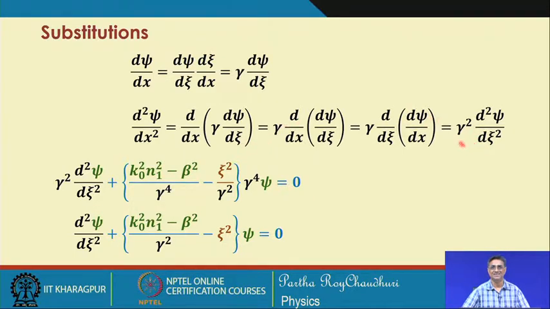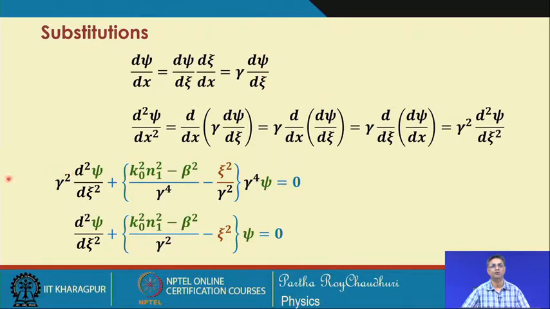So, using this definition for the new variable xi for x, we can write this equation: gamma squared d²psi/dxi² plus this quantity minus xi squared by gamma squared, gamma to the power of 4.